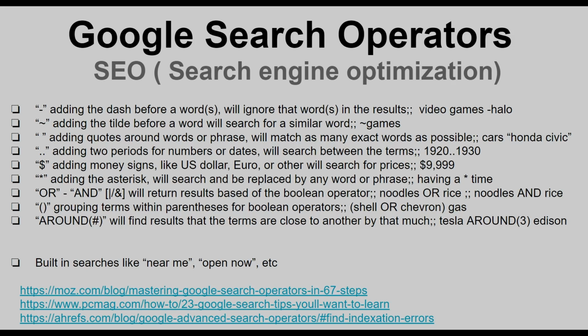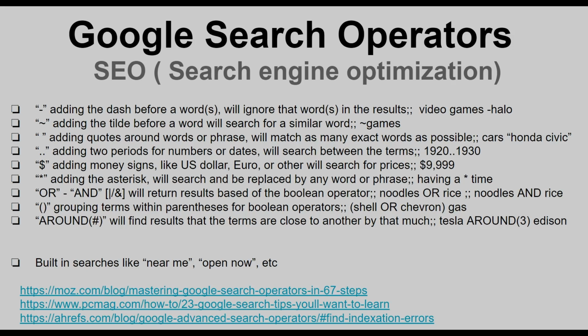Adding a character like the dash before a word will completely ignore that word in the results. As a suggestion, if you're looking for video games but you don't want Halo to come up, you can type video games and then dash Halo, and nothing about Halo should return in search results. There'll be more examples later, but just a pretty basic one.